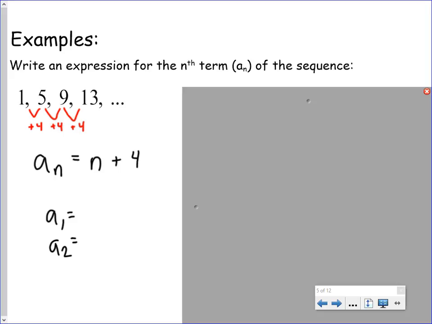If I use the previous term, I'm totally golden on that. Except if I'm using a sub 1 and a sub n, that would be 1 plus 4 is 5, and 2 plus 4 is 6, which would produce the sequence 5, 6, 7, 8, and that's not what we want, right? So how else can you represent adding 4?